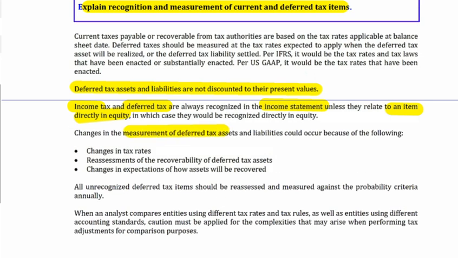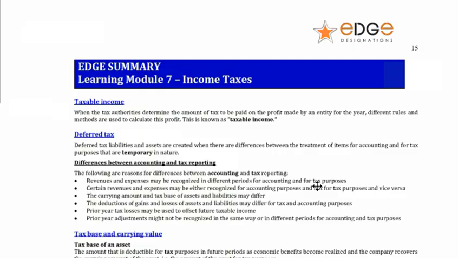When there's any change in the measurement of assets and liabilities, could be as a result of changes in tax rates, I need to reassess, is my deferred tax asset recoverable? And changes in expectations of how assets will be recovered. We need to disclose all of that.